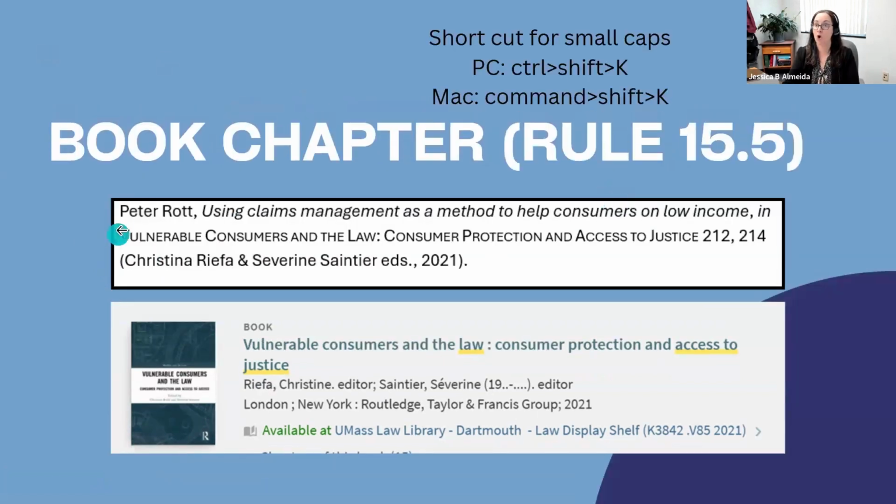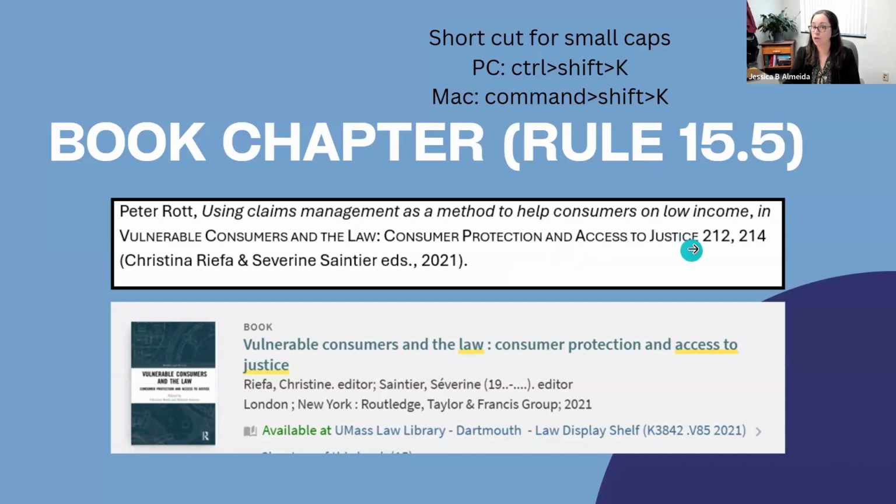So here we have the author of the book chapter. We have the chapter title, italicized, comma, in is italicized. Now we have the title of the book, and that is in small caps. Up top, I've left the shortcuts for small caps.